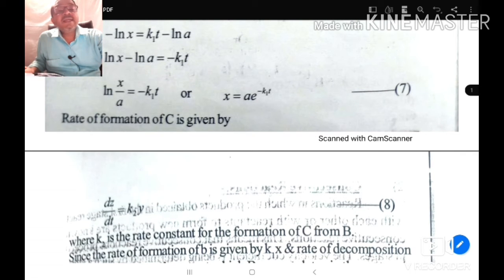The rate of formation of C is given by dz by dt is equal to k2 into y. This is equation number 8.